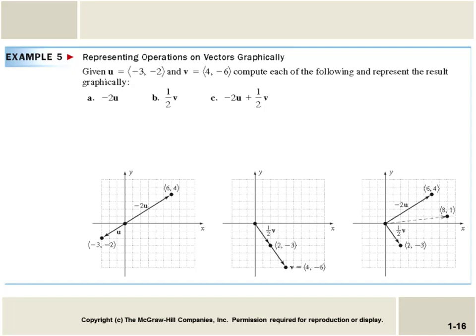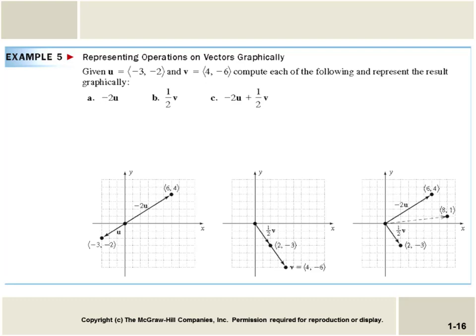Okay, so now if we're given these vectors, now we're given actual values for vectors. I can graphically or geometrically find the answers, or I can also find them algebraically.